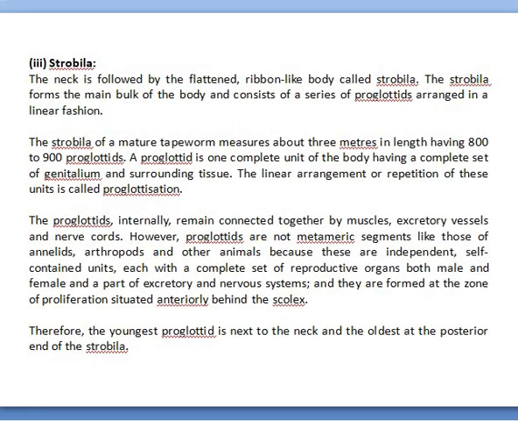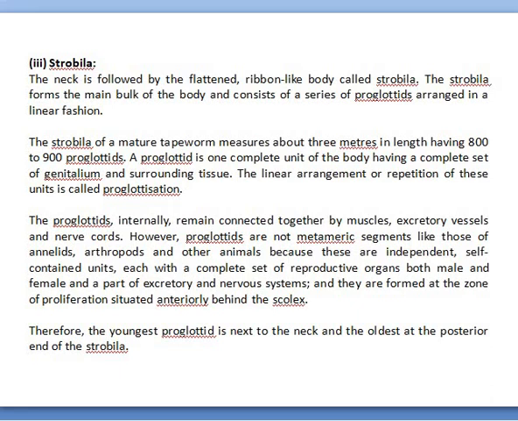Coming to the strobila region. The neck is followed by the flattened, ribbon-like body called the strobila. The strobila forms the main bulk of the body and consists of a series of proglottids arranged in a linear fashion.